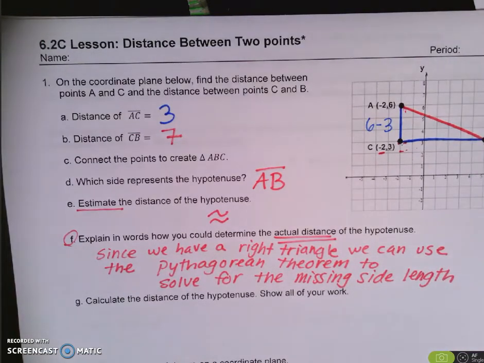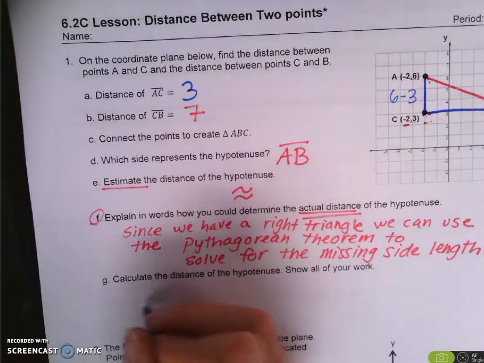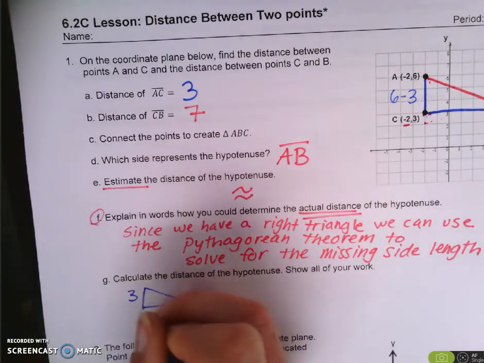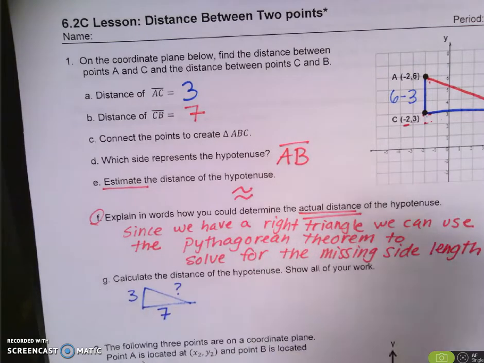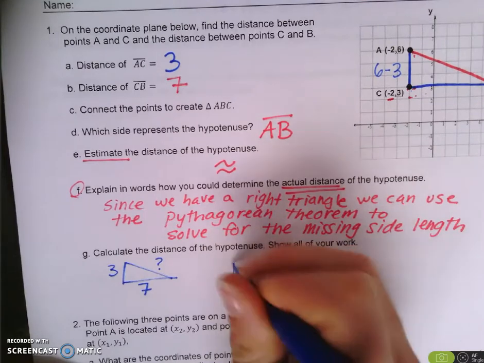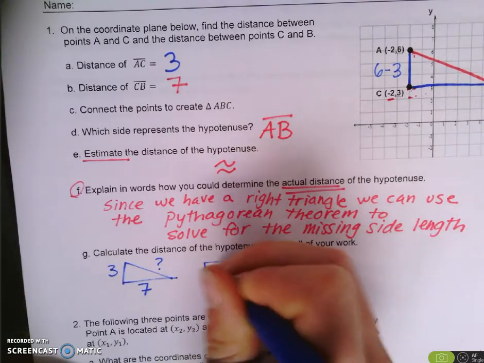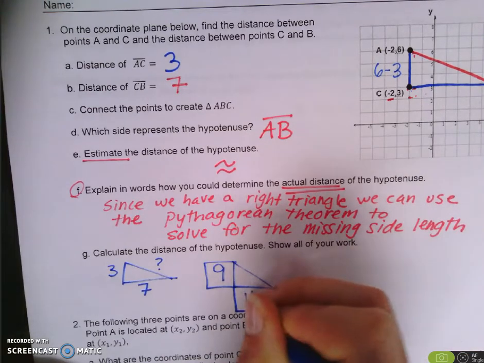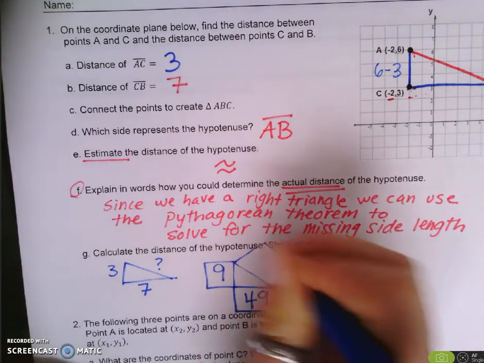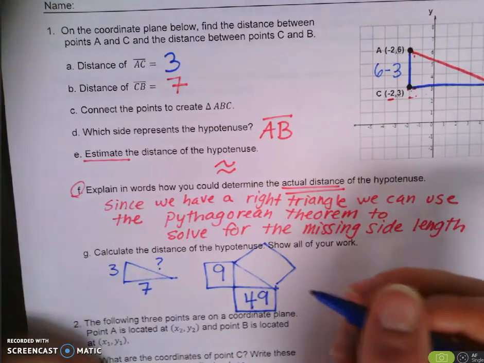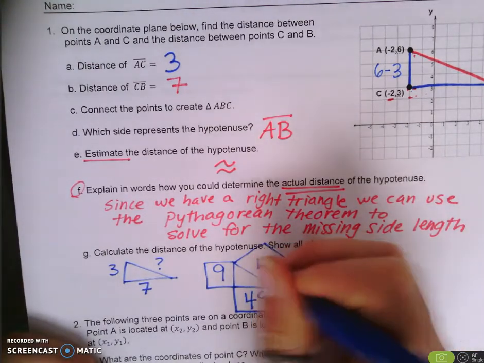So let's do that. Make your right triangle. We have 3, 7, and we don't know. I'm going to show my work with the picture method. So I know that this area is 9. What's this area? 7 times 7? 49. So I know this is 49 plus 9, 58.